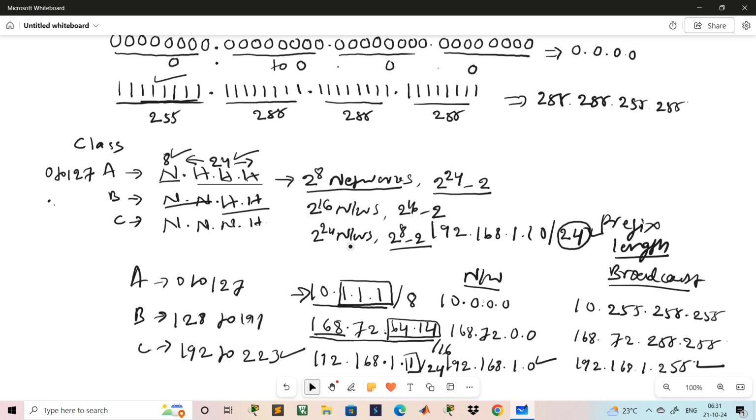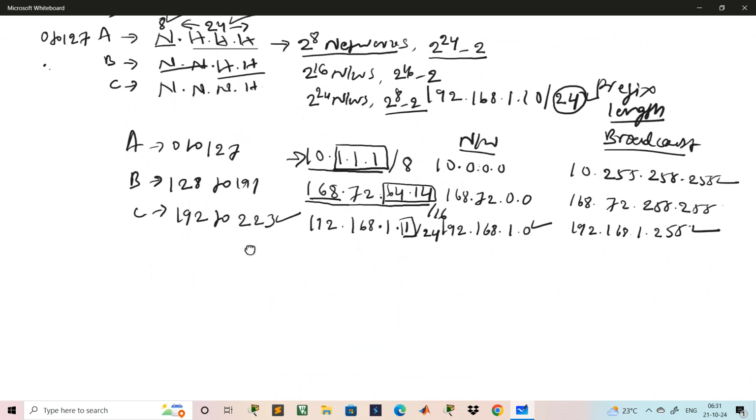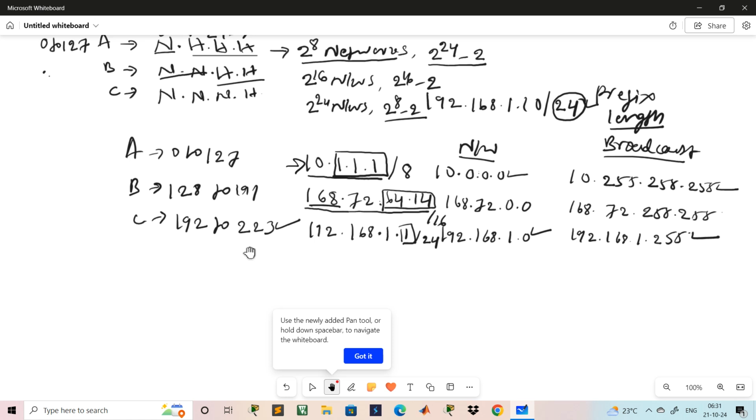Okay. Next, coming to how to find the network address and the broadcast address. After this, we'll see how to find the starting address and the last address of any given IP.